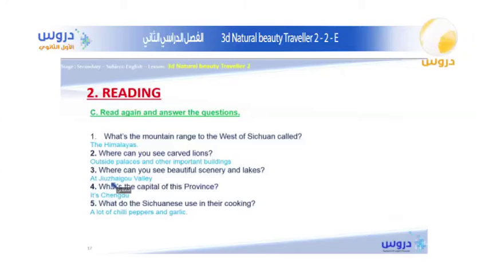Here in Jiuzhaigou Valley. 4, what's the capital of this province? It's in Chengdu. Number 5, what do the Sichuanese use in their cooking? They use a lot of chili, peppers, and garlic.